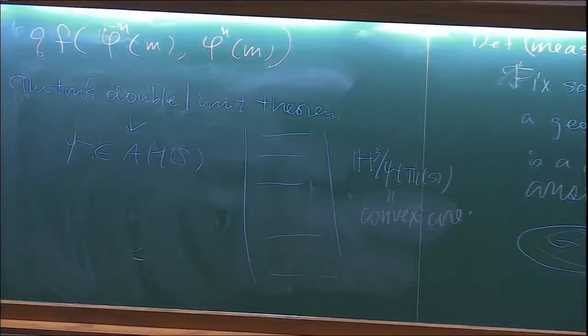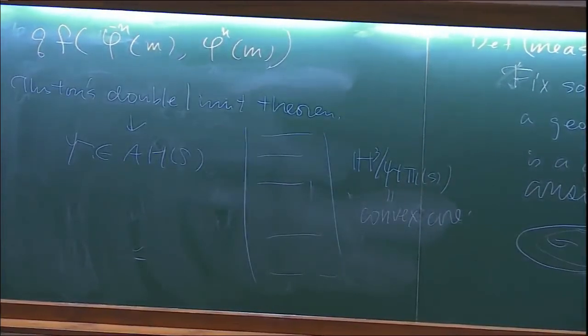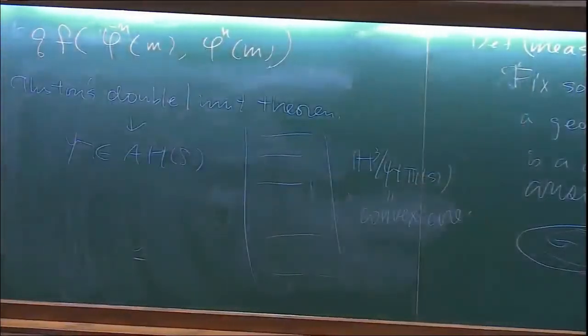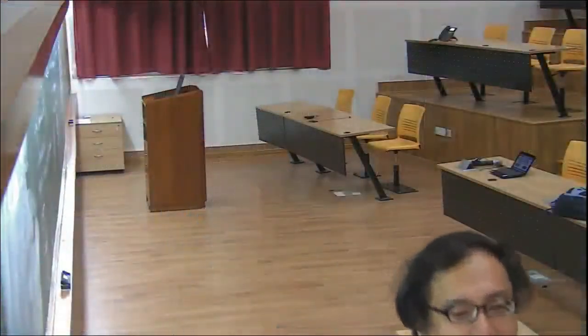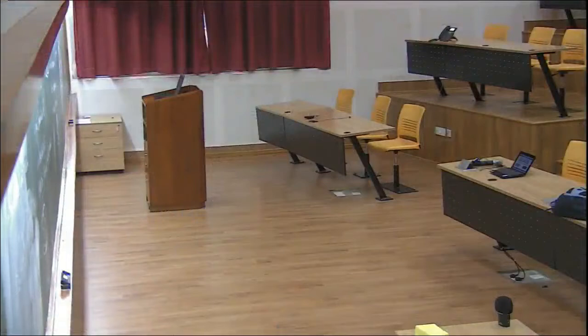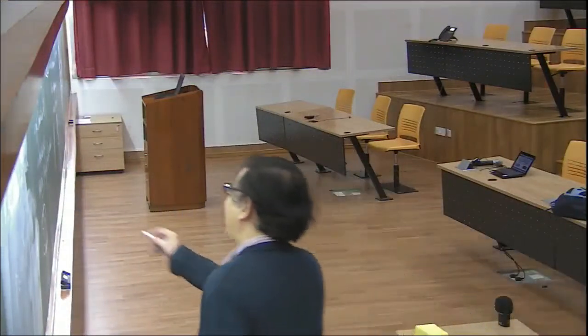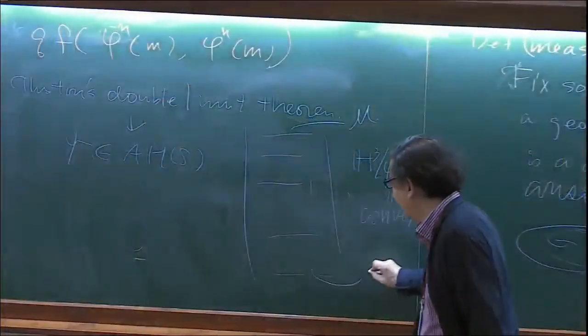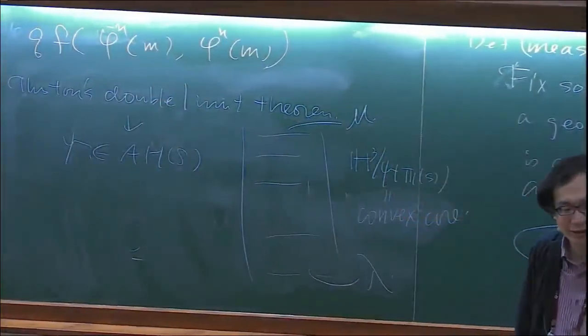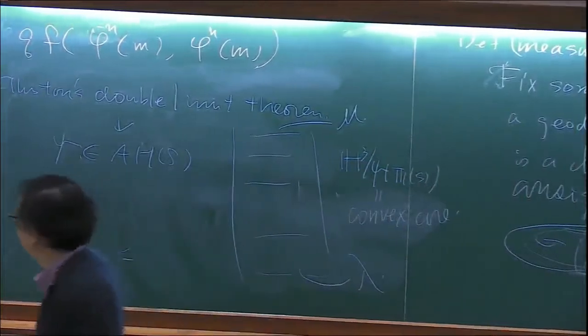So the entire manifold is a convex core, and you have two ends, both of which are geometrically infinite. We have defined something called the ending lamination, so you have an ending lamination mu on this side and lambda on the other side. Okay.